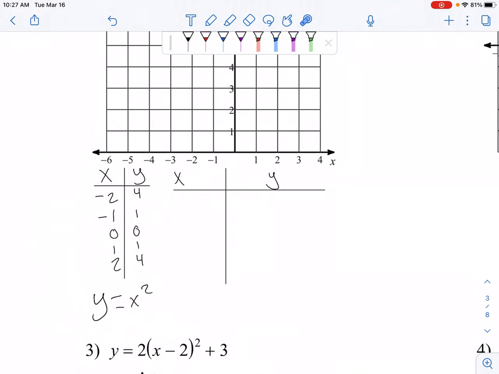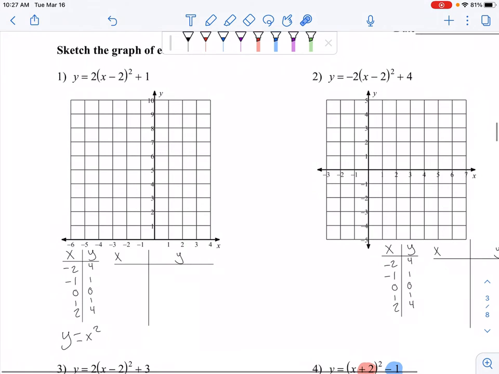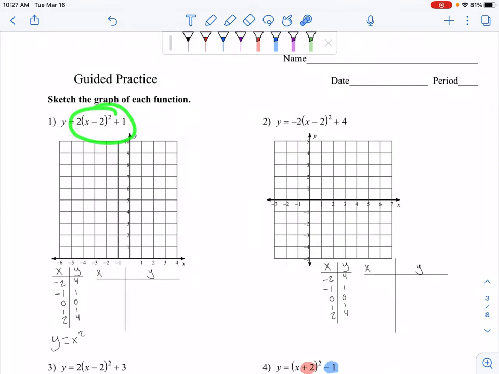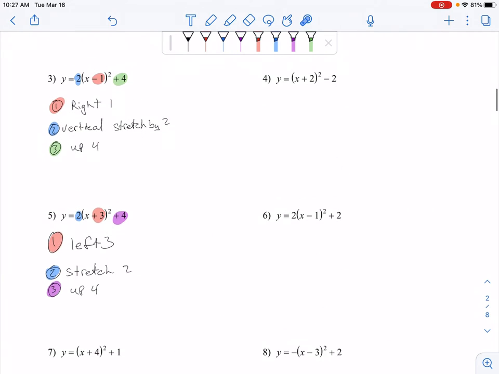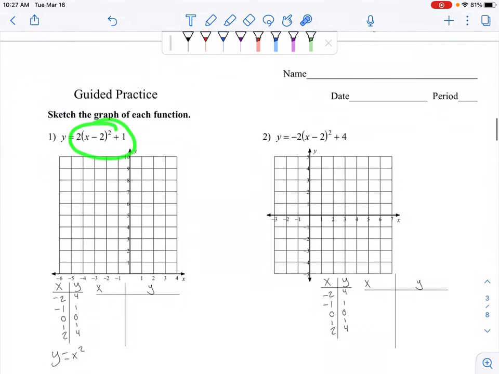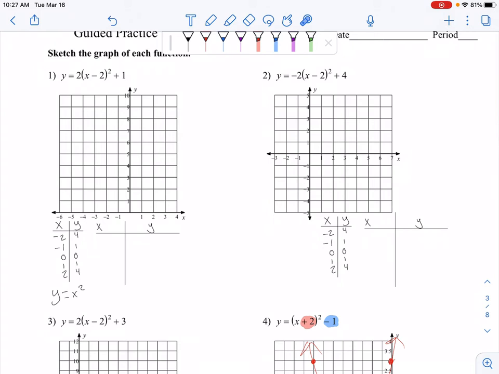And now we are going to mathematically change our parent function values based on the transformations that were given to us up here, which is why it was important we understand what's going on here. So the transformation, our x value is going to move right 2.